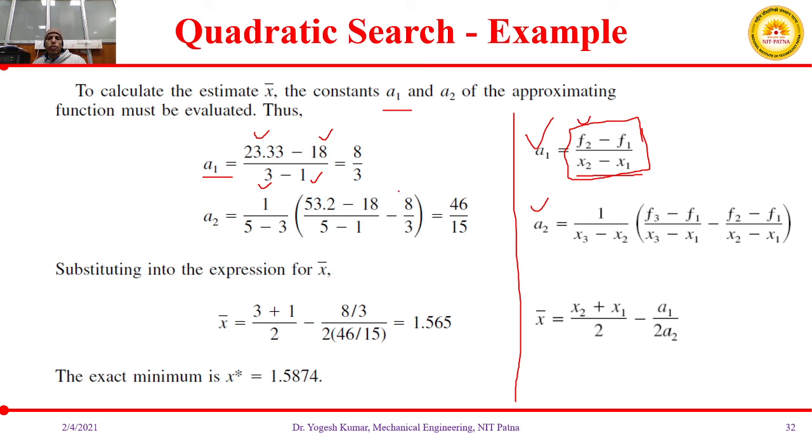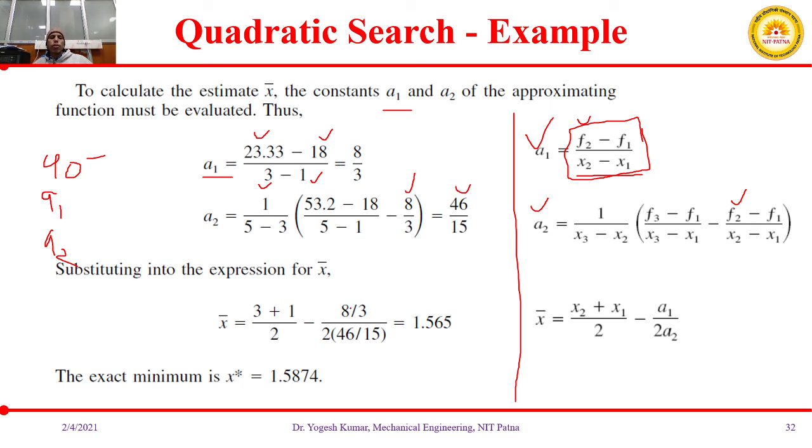This value is equivalent to a1, so we have directly put the value of a1. This comes approximately equal to 46 by 50. So now we have calculated a0, a1, and a2.